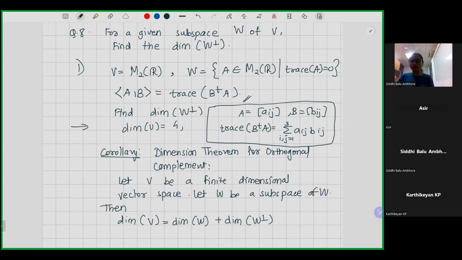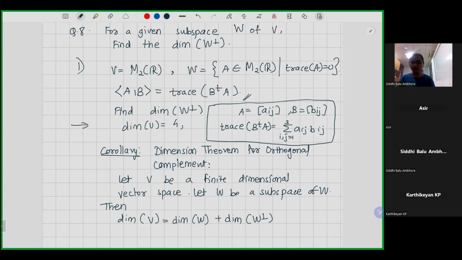So this is not always easy, but still I have given the explicit proof of how to find the basis of this W perp in the notes of week 10. Please go through it just to get a feel for how to find W perp in a given inner product space.